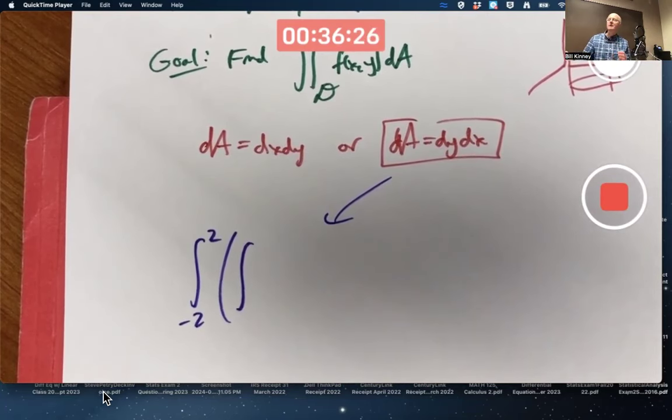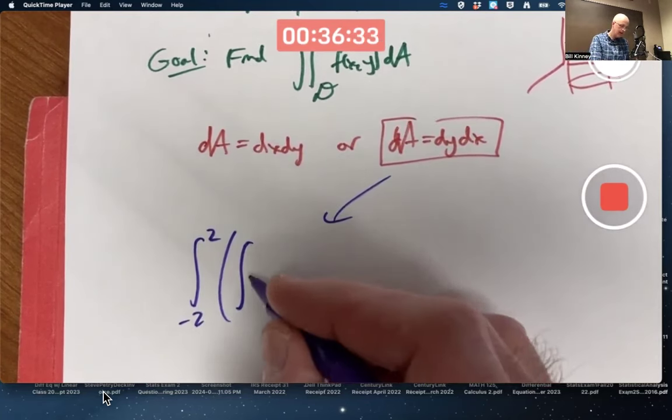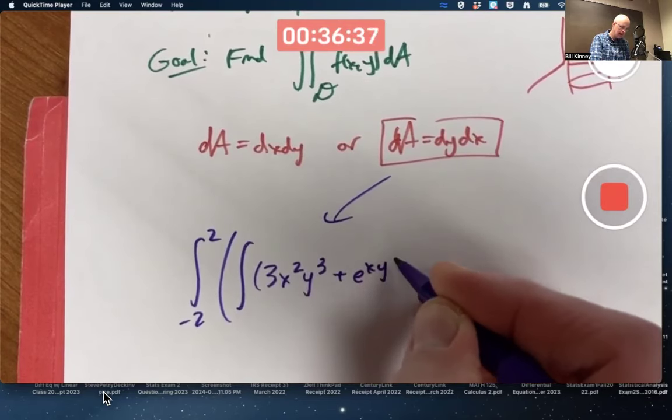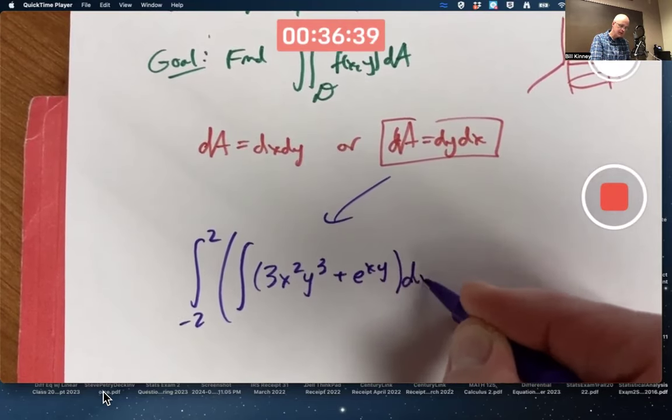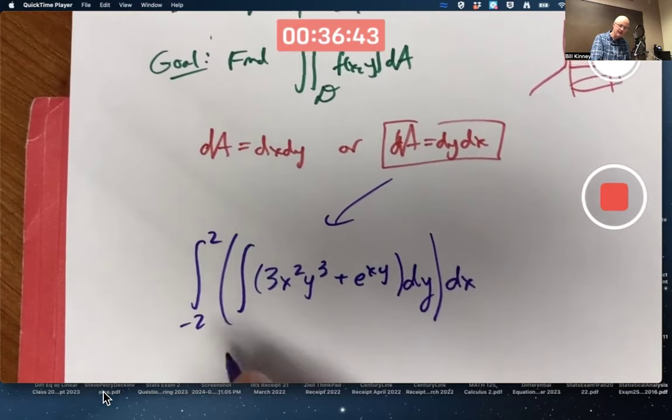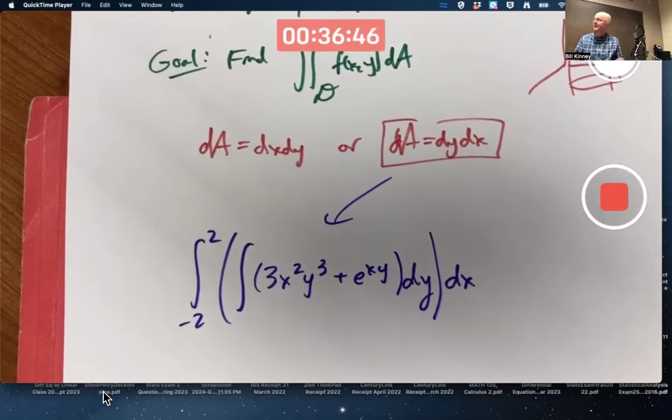There's an inner integral and an outer integral. That's why I'm using the parentheses, is to emphasize that. There's the function, the inner integral is with respect to y, outer integral is with respect to x. All that's left is to figure out the limits of integration for the inner integral. That's the hardest thing.